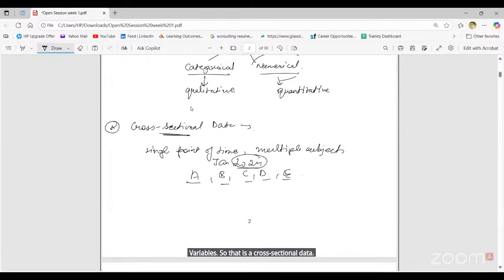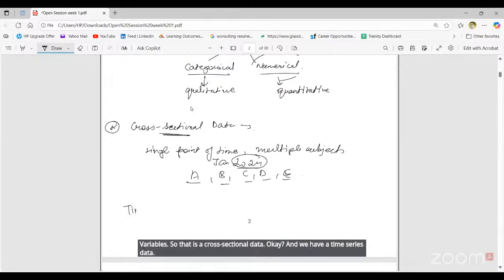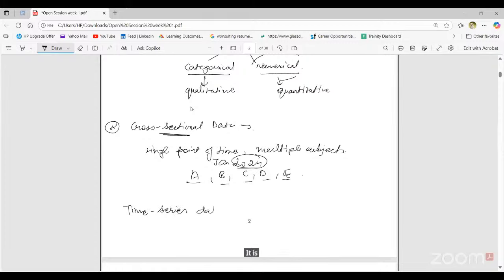And we have time series data. It is data in which we capture the data over a period of time, and here we are having only one variable for one subject.